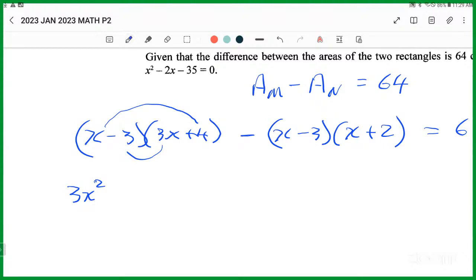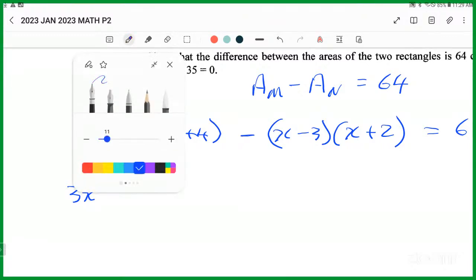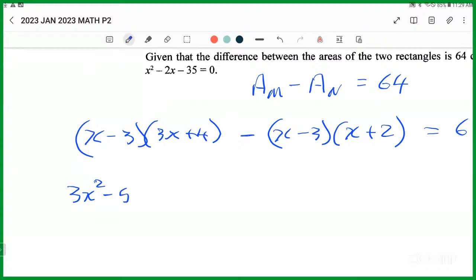The near product is minus 9x, because it's minus 3 times 3x, that's minus 9x. The far product is x times positive 4, which is 4x. 4x and minus 9x is negative 5x. Everybody can answer that? My middle term is negative 5x.